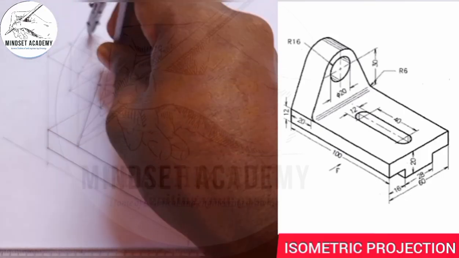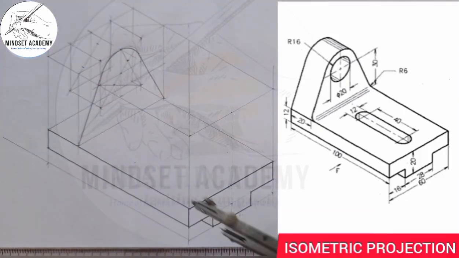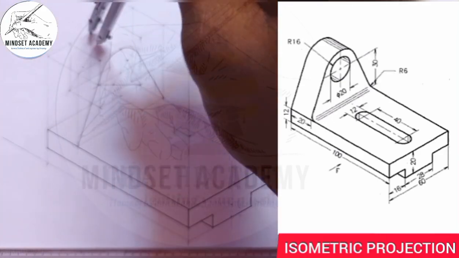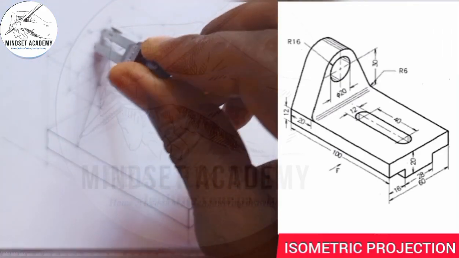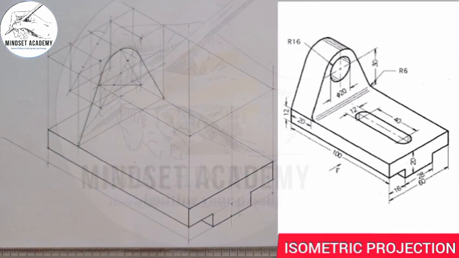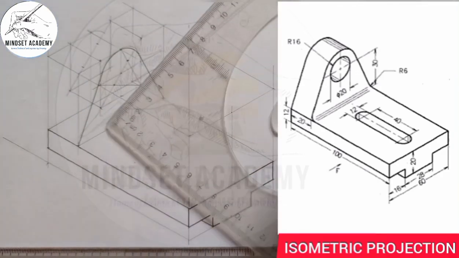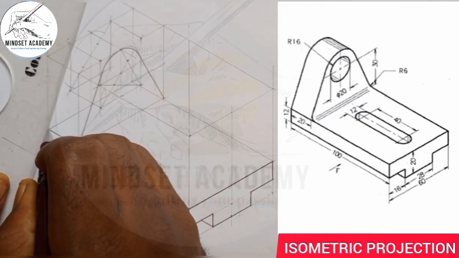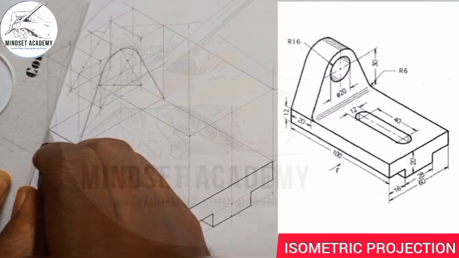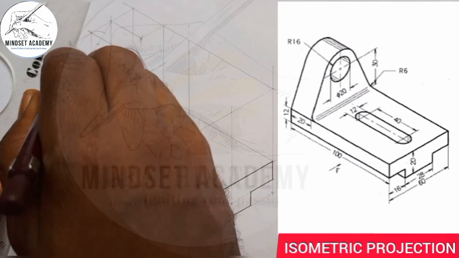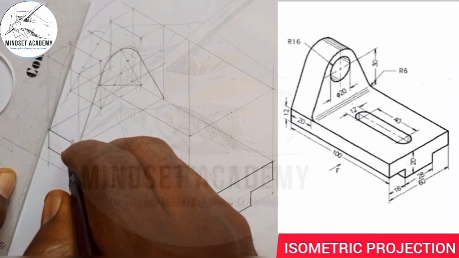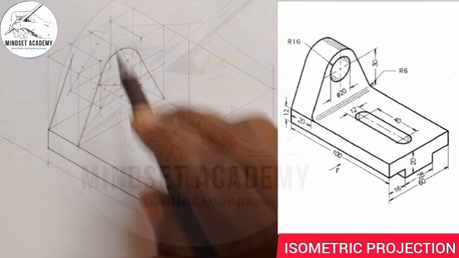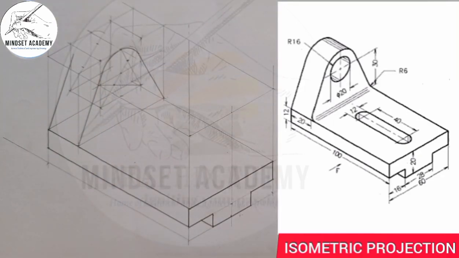So let me use faint line first. You can see that, and I'll place it here. Do the same thing here too. I'll just stop here, and I can take my meter rule and connect this end point here to this end here, tangential to that point. Right, and I'm going to thicken this way.